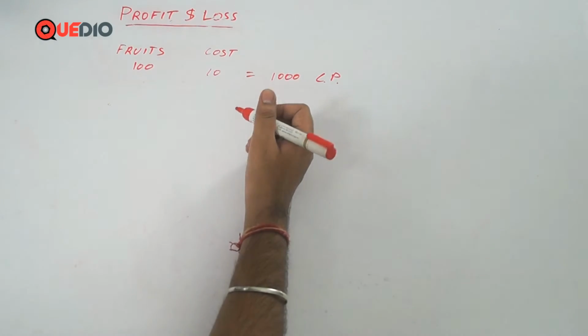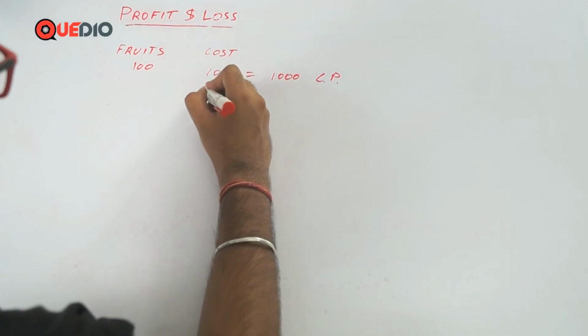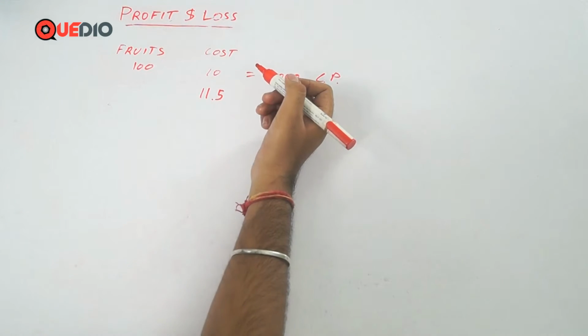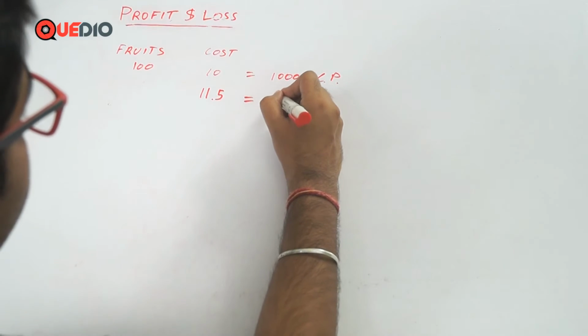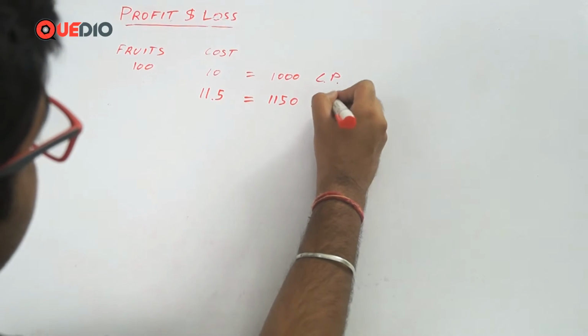Over a 15% profit, the selling price would be 11.5 rupees for a fruit, and overall it would be 1150 rupees.